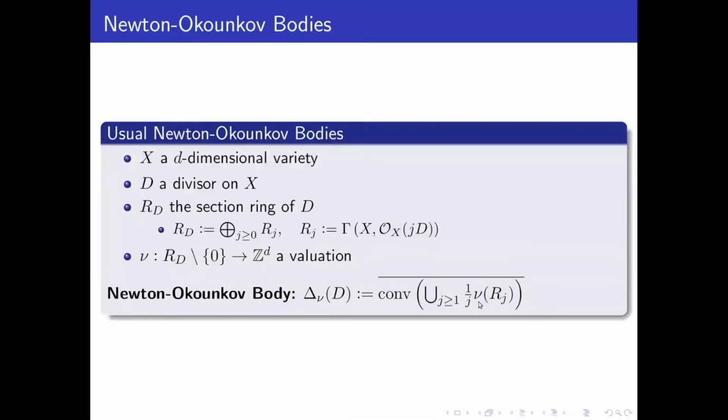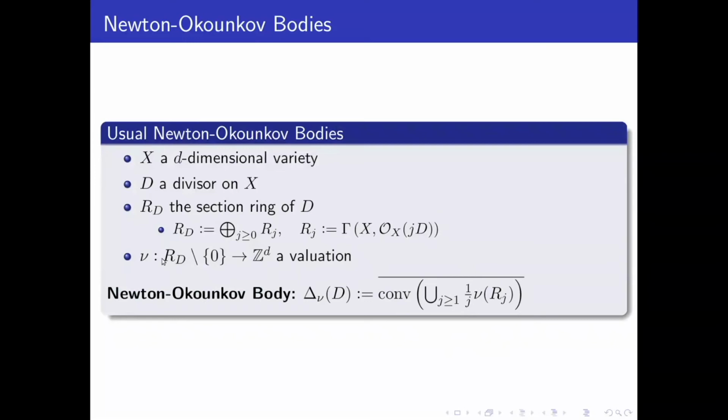So we take the images of all of these homogeneous pieces under our valuation, and then we rescale them by 1 over J. We take the union over all J from 1 to infinity, take the convex hull of all that, and then take its closure. So these are supposed to be a sort of a non-toric version of a Newton polytope. And they show up a lot, for example, studying toric degenerations.